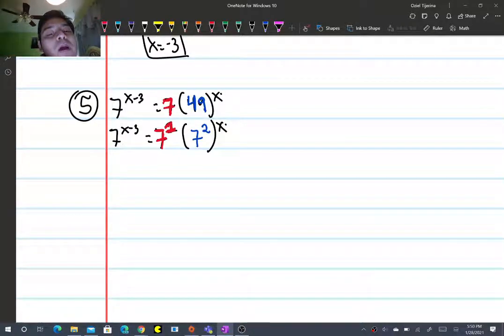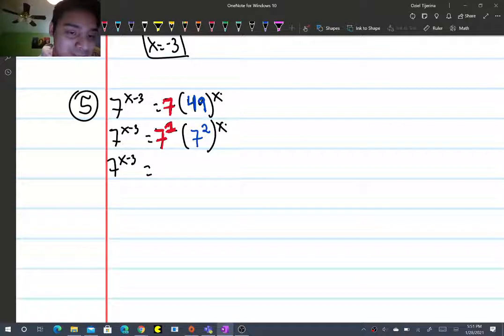Now, I would not recommend saying that this is 7 cubed yet, because that's not how you do it. What this is saying is that you have 7 to the x minus 3.